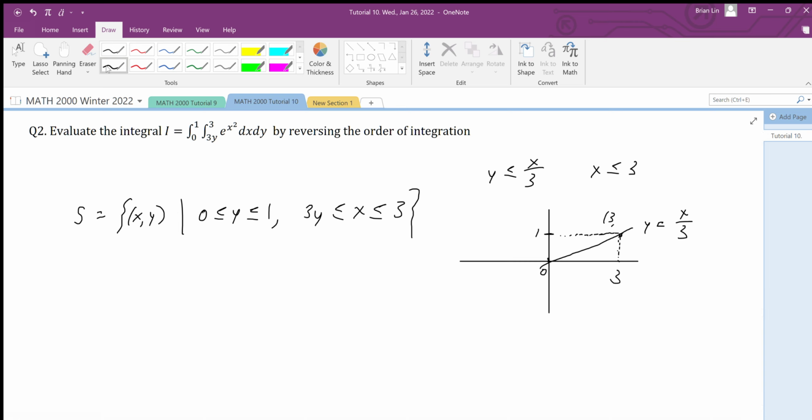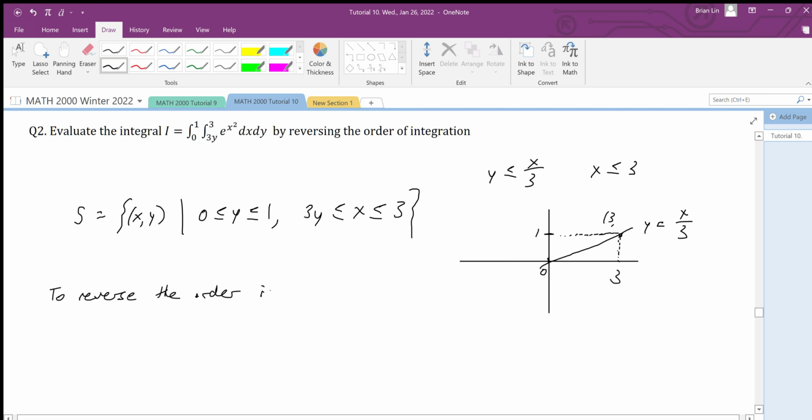So to reverse the order of integration, the y values are bounded below by 0 and bounded above by the line. And the x values will have free range from 0 to 3. And that will describe the same set S. So in this case, the strips are like this.